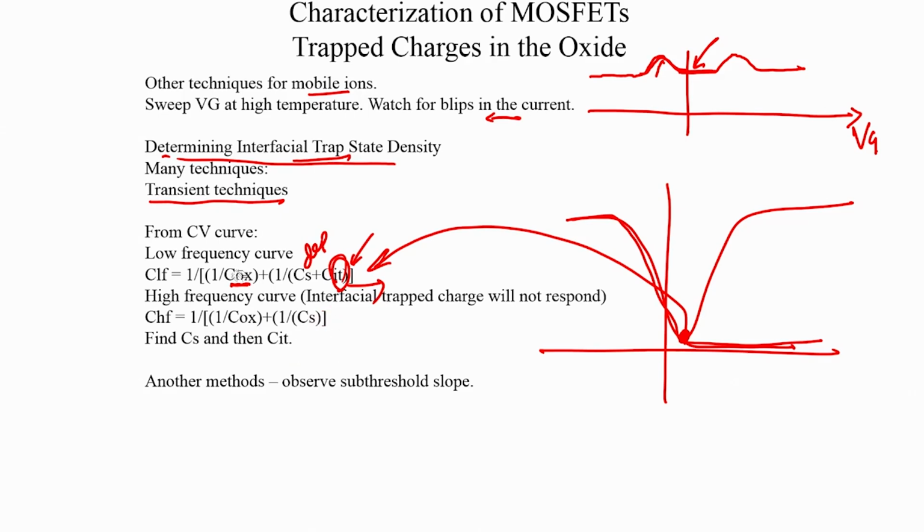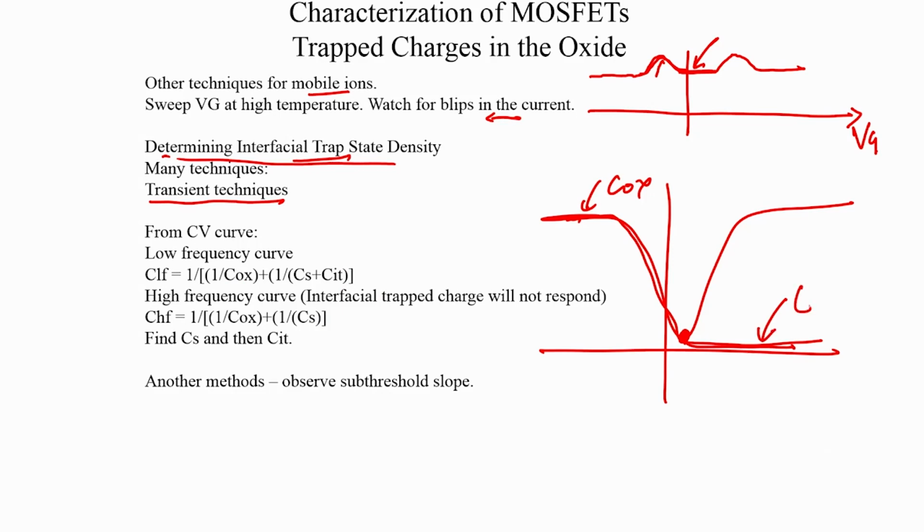And from the high frequency measurement, from the accumulation mode region, we calculate what Cox is. From the high frequency measurements we calculate what CS is because Cox is known, and then we use Cox and CS to calculate the interfacial trap capacitance from the low frequency measurement.